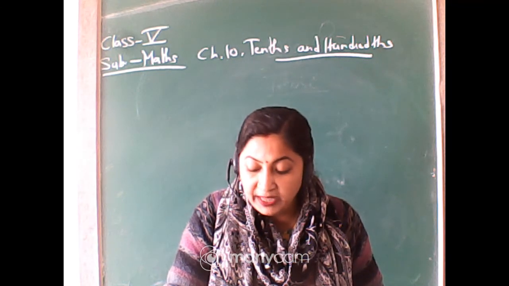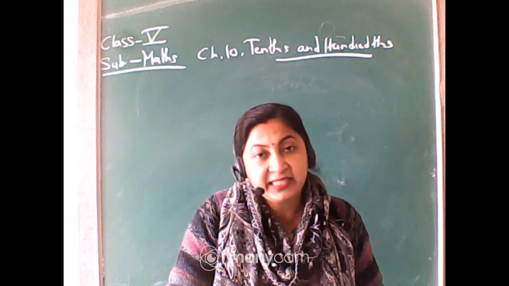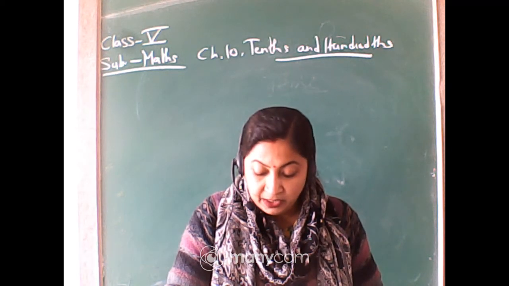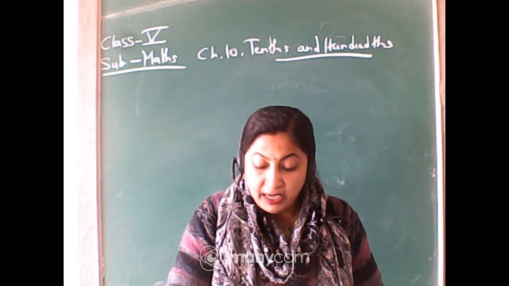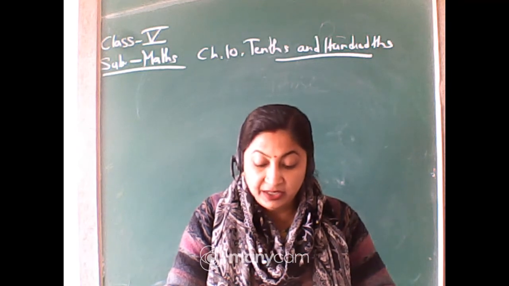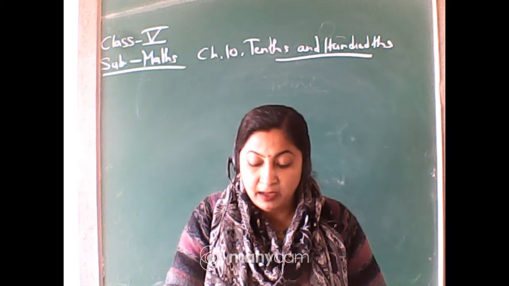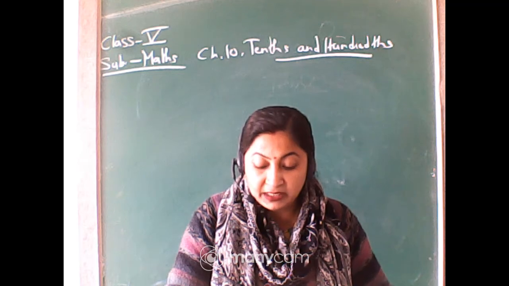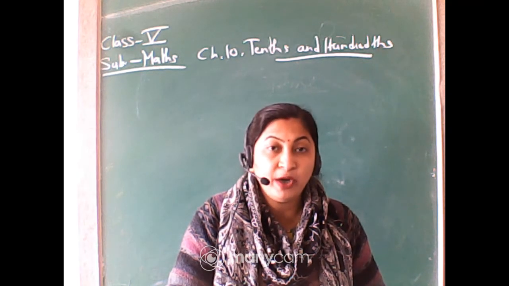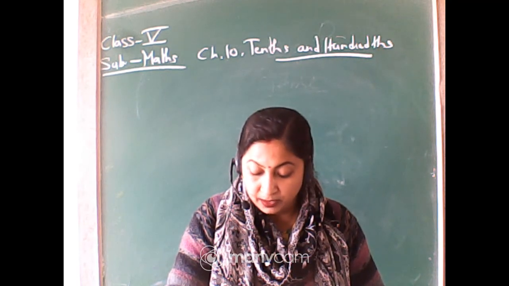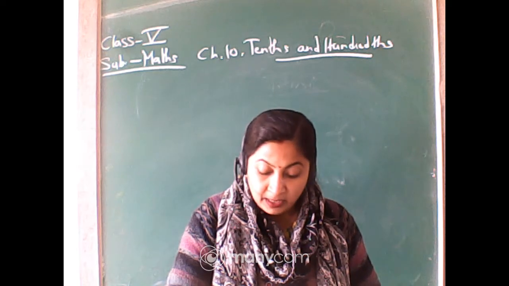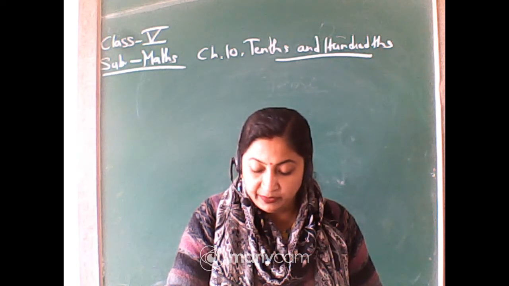It is more than 3 centimeters but less than 4 centimeters. So in the question where it is written that measure it using a scale, there you write 3.6 centimeter. In the book you write 3.6 centimeter.